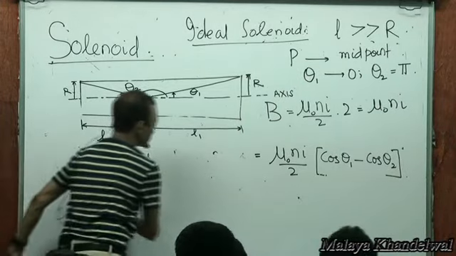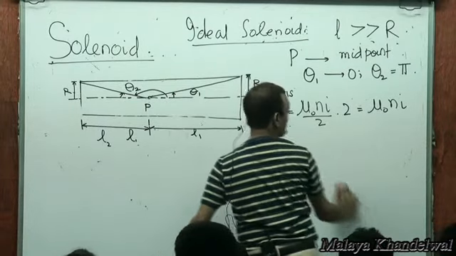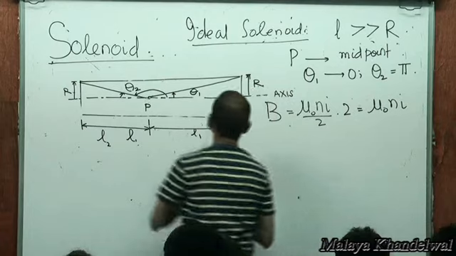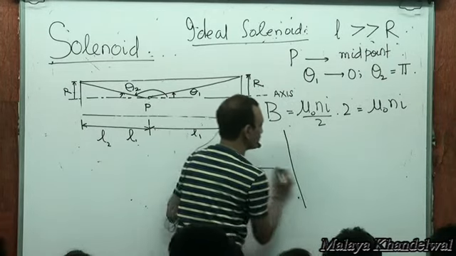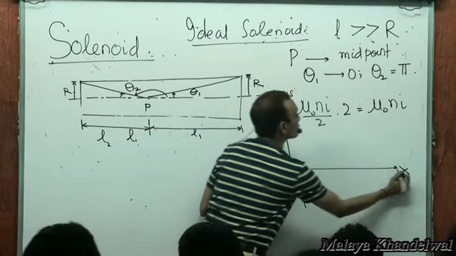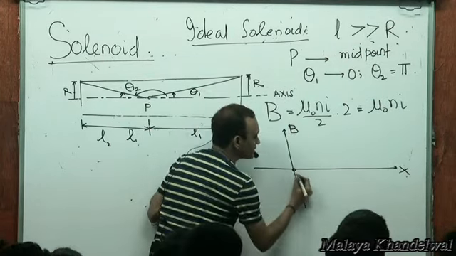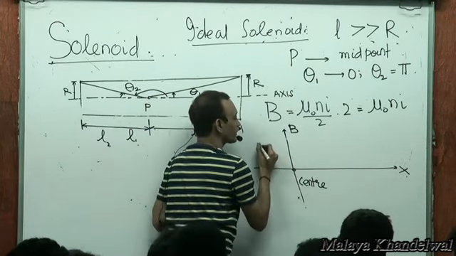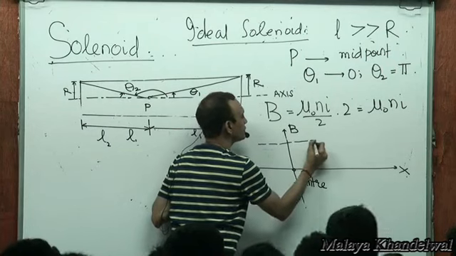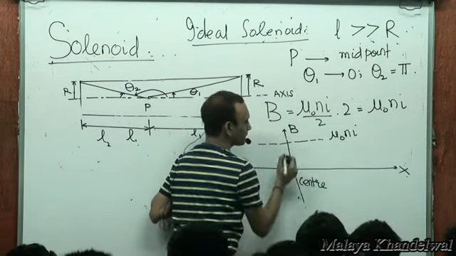In fact, you would want to check for yourself, almost towards the end of the solenoid, plug in suitable values of theta 1 and theta 2. So magnetic field versus X, this being the center of the solenoid, close to the center, B remains mu naught Ni.